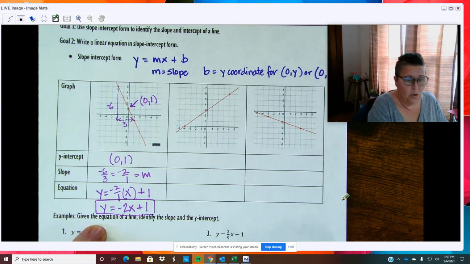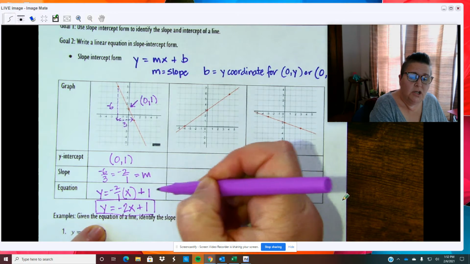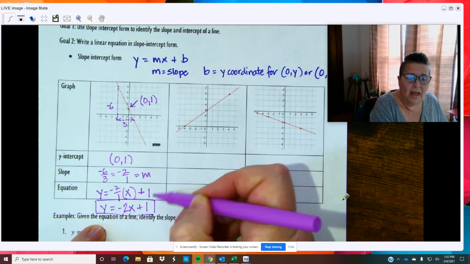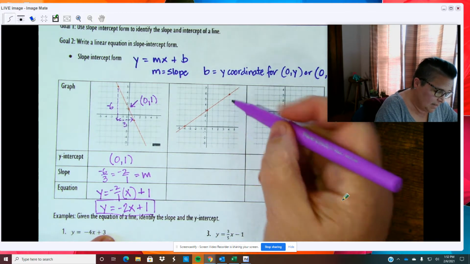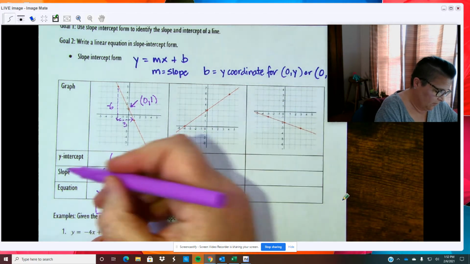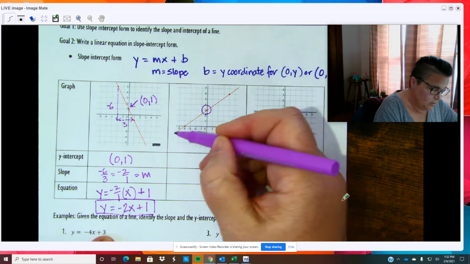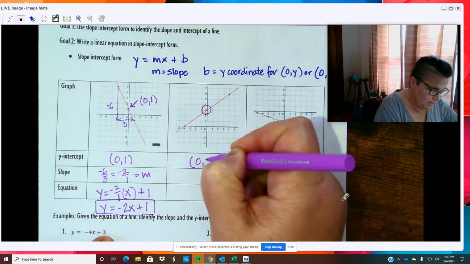Okay, note what the slope was and where that lands in the equation. Note where the y-intercept was at 1 and where that lands in the equation. Okay, in the second one, we need to find the slope and the y-intercept. The first thing I've asked for is the y-intercept. That's where this red line crosses the y-axis, and that's going to be at the point 0, 3.